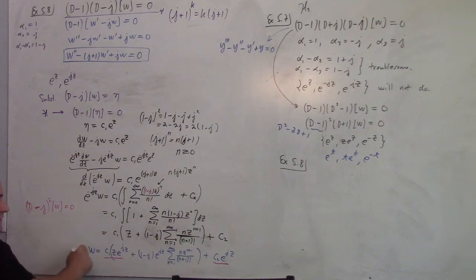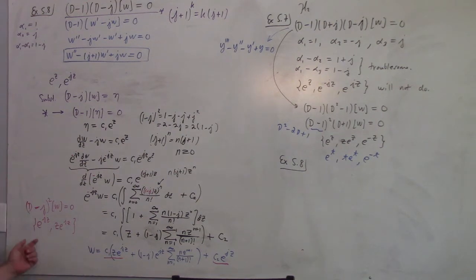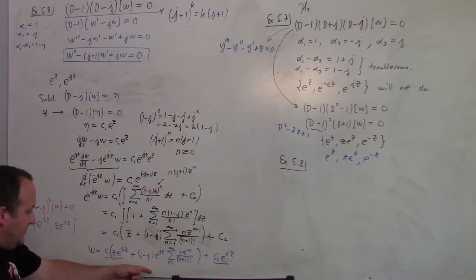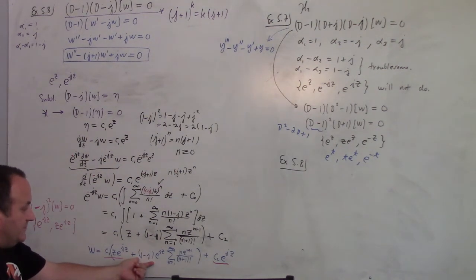Then by things we proved, e to the jz and z e to the jz would be our fundamental solution set, linearly independent. But we don't have that. We have d minus 1 and d minus j, so we get something perturbed a bit from the z e to the jz term. We get this extra piece, and the extra piece, notice, comes packaged with a zero divisor.